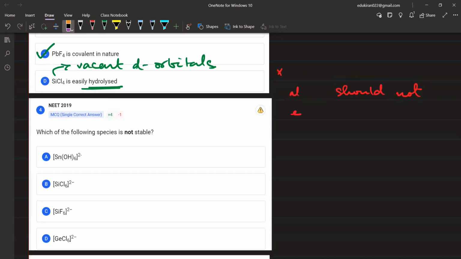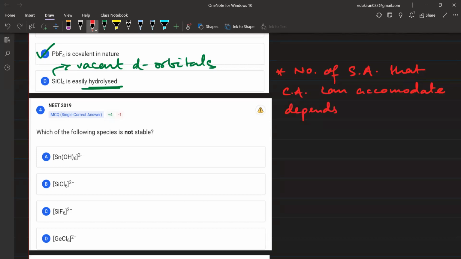Rather I should say like this: the number of surrounding atoms that the central atom can accommodate depends on the size of the atom.